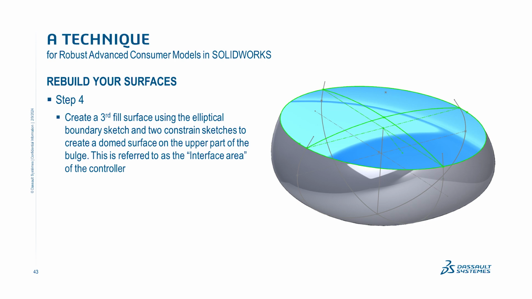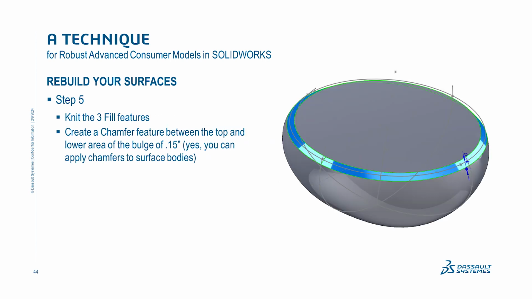Now I can take a surface macro that is the chamfer feature, and I can create a chamfer between those surfaces. And it's just a quick way of getting that feature in. It doesn't necessarily follow my example of creating a curved network, but I know that that's a pretty robust feature, and then I can add it after I've created my curved network.